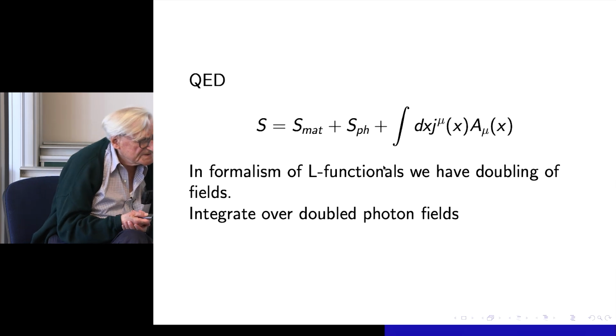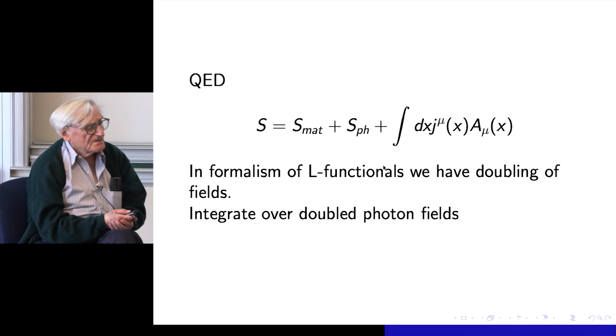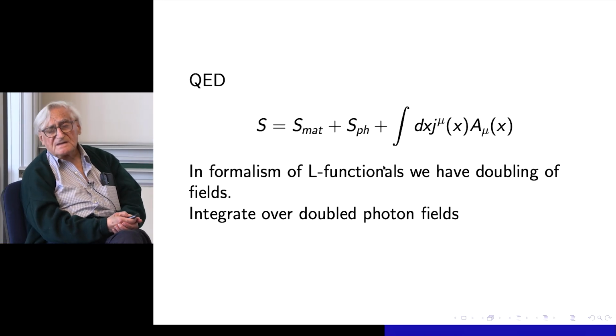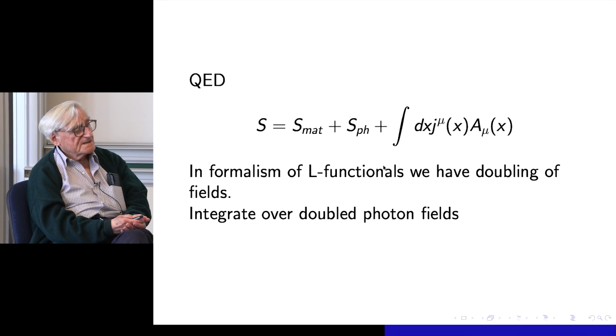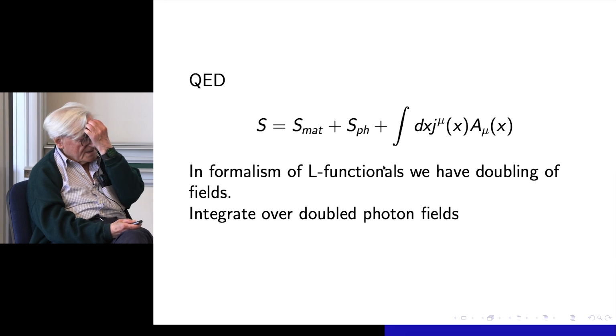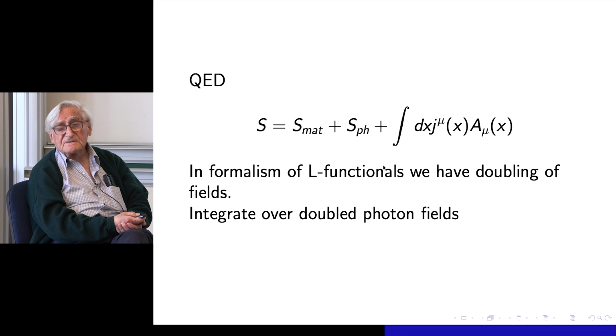The interaction is precisely the integral of J multiplied by A. J is here the current, which for electrons will be simply psi bar gamma mu psi, and A is the vector potential.